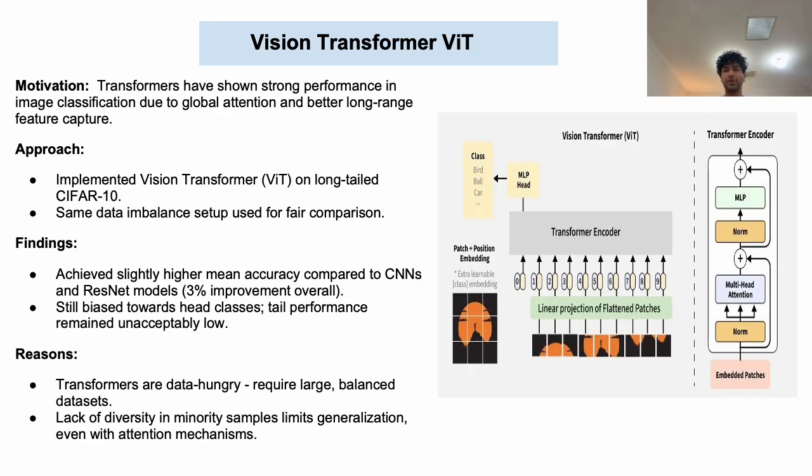Now vision transformers are one of the most trending ones to go with right now. So transformers usually show very strong performances with image classification due to their global attention and long-range feature capture.